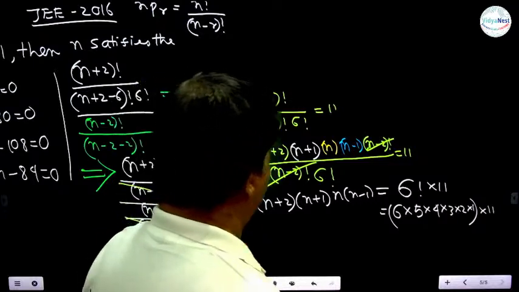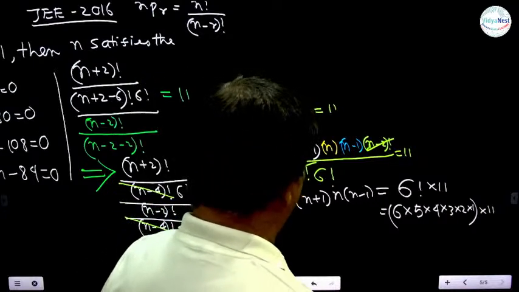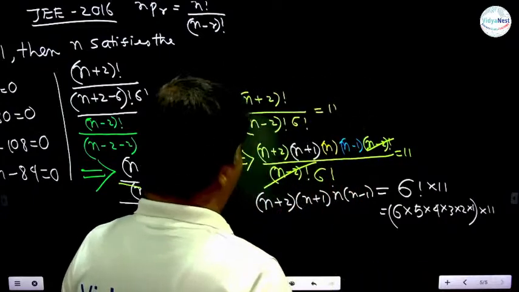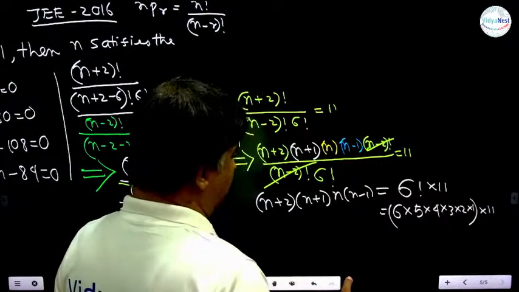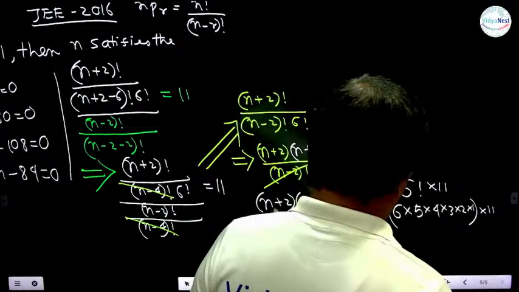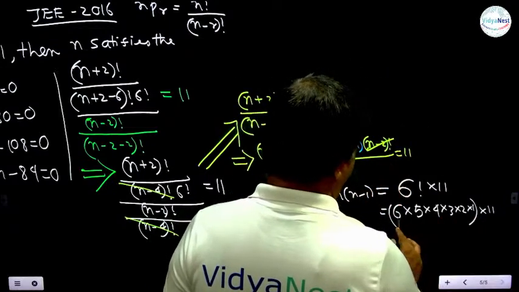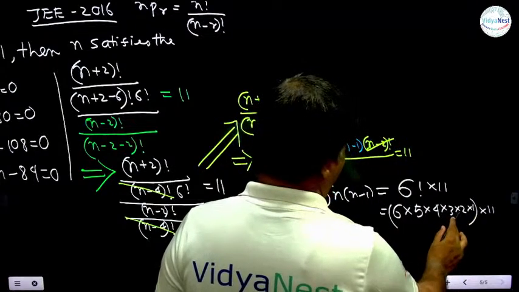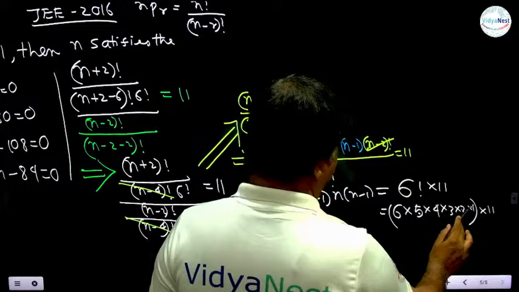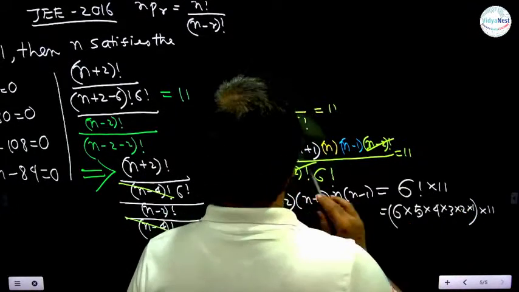You observe carefully. We are not getting the product of consecutive terms. So 11, 6 into 2 is 12. No, 11. One minute. The term 11 is still there.